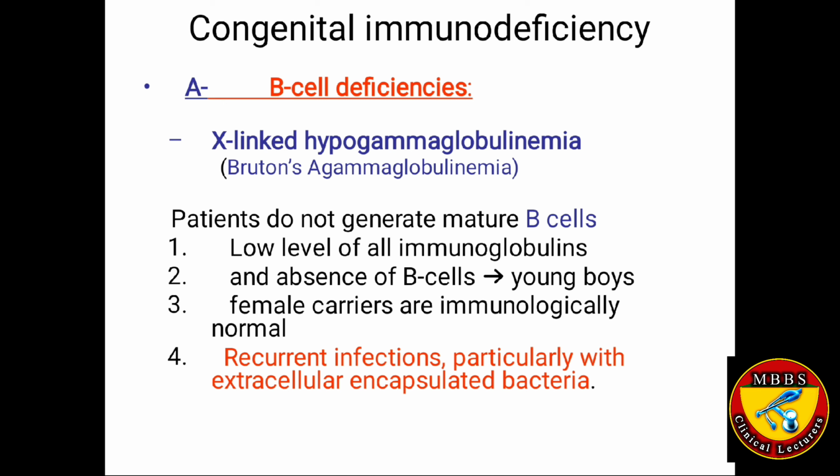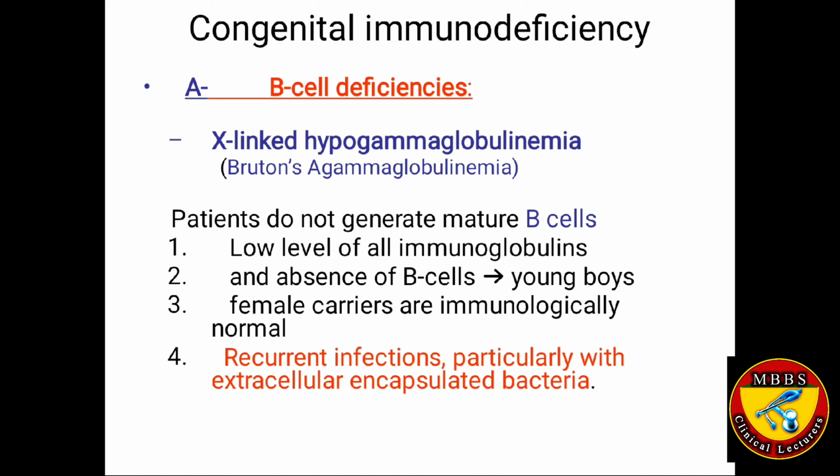In this disease, the patient does not generate mature B cells, leading to a deficiency in immunoglobulin, or low levels of immunoglobulins. It involves the precursor B cells, which would develop into mature B cells. It is one of the more common forms of primary immunodeficiency.